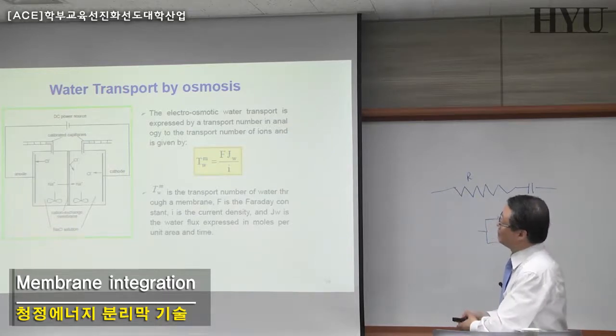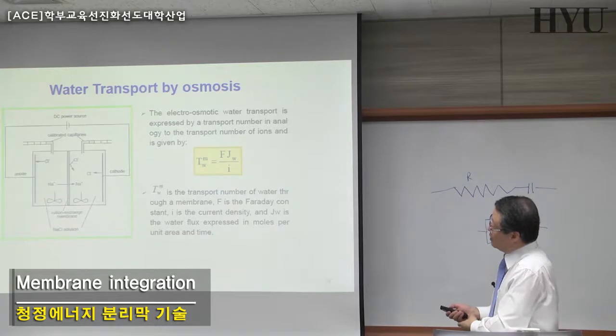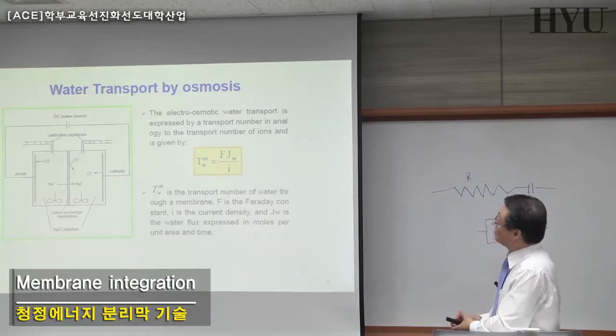I think this is the same as what we have described in the electrolyte solutions. So water transport due to the electroosmotic pressure is due to the transport number in this case, just like what we have done.